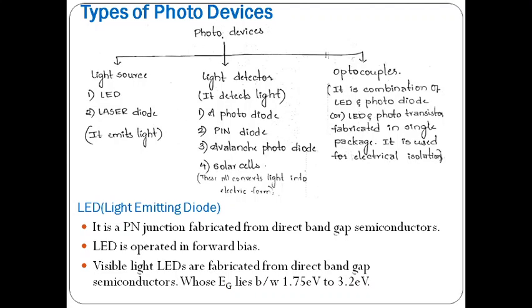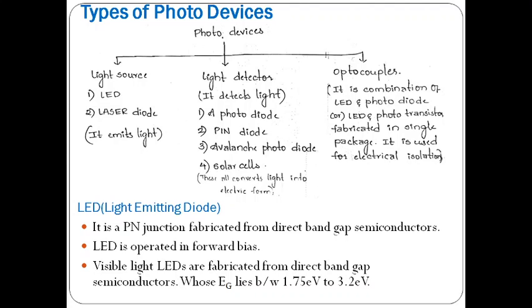It is nothing but energy in the form of heat. So in indirect band gap semiconductors, we get energy in the form of heat. In direct band gap semiconductors, we get energy in the form of light. Clear? That's why we fabricate the light emitting diode using direct band gap semiconductors.